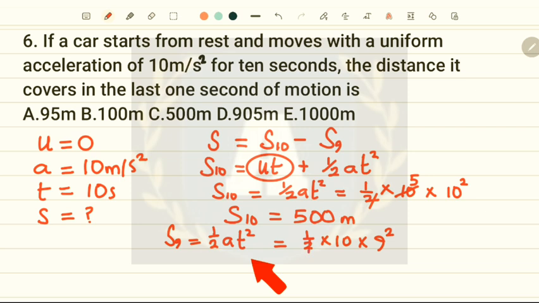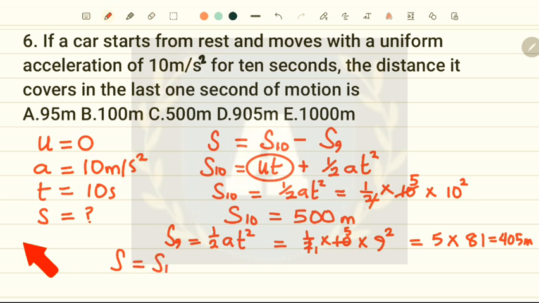So 2 here is 1, 2 in 10 is 5. That will be 5 multiplied by 9 times 9, which is 81. So 5 multiplied by 81 is 405 meters.